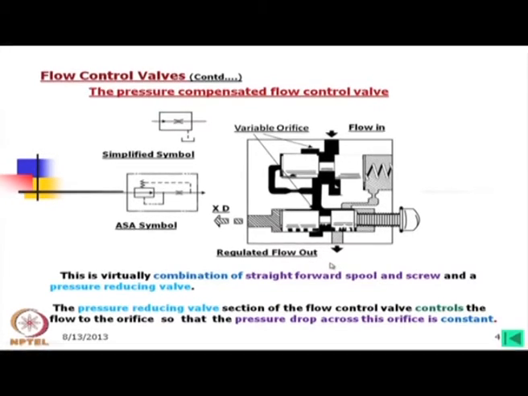This means that when there is a change in pressure, then this orifice is controlled in such a way that again the pressure drop remains constant and this spool will come back to its original position. So, the flow remains constant. That pressure difference we can change only by tightening or loosening this spool.